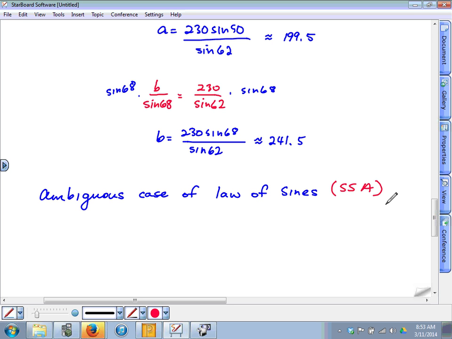The reason this has its own special situation is if we're trying to find angles, all we know, if we're given a side and an angle, all we're given is one angle. So how do we find another angle? Can we just subtract it from 180, like we did on the other one?